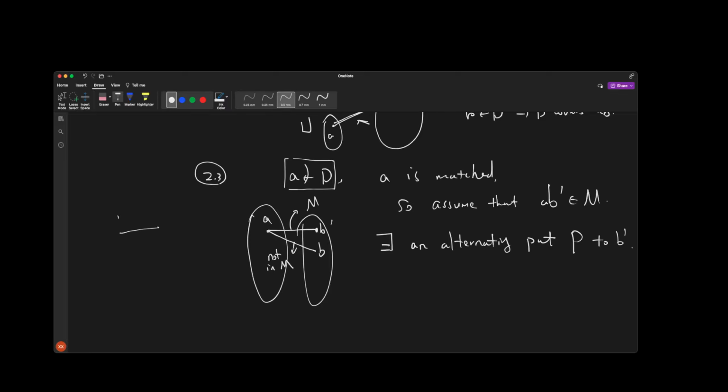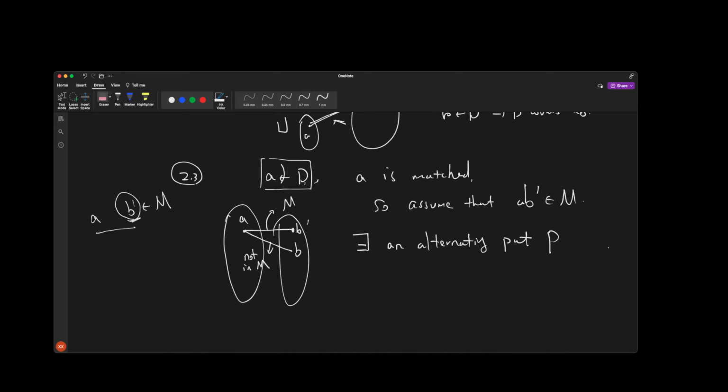And AB prime is in the matching. By our definition, we must have already chosen B prime in the set D, and the reason to do so is that there exists an alternating path P from U to B prime.